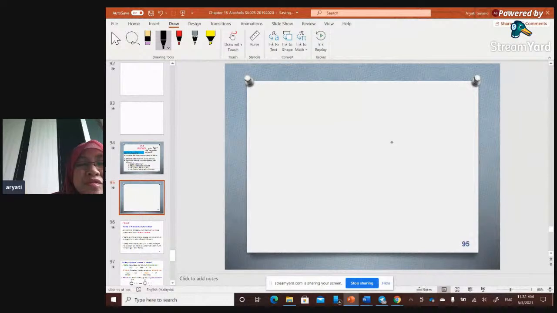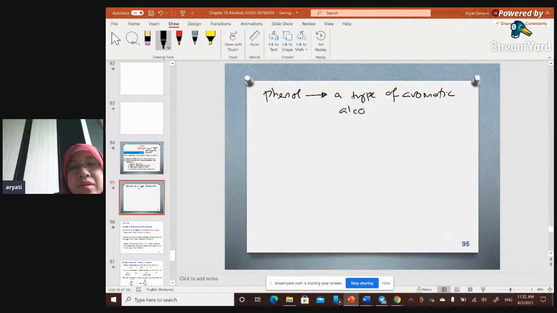So phenol is a type of aromatic alcohol. Kenapa aromatic alcohol? Because the OH functional group is attached directly to the benzene.